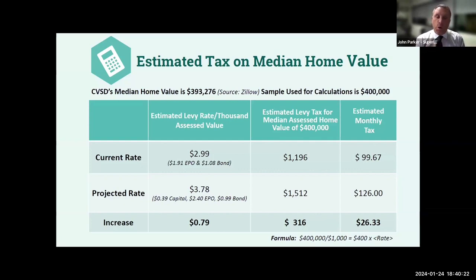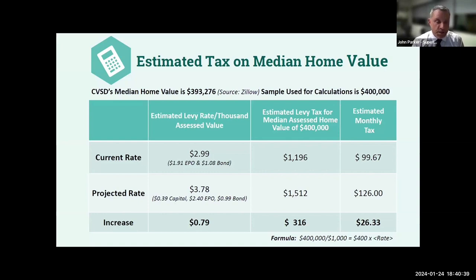We want to walk through with you what that calculation would be. The current rate, independent of the two levy measures: currently, everyone in our school districts is paying a levy rate of $2.99.